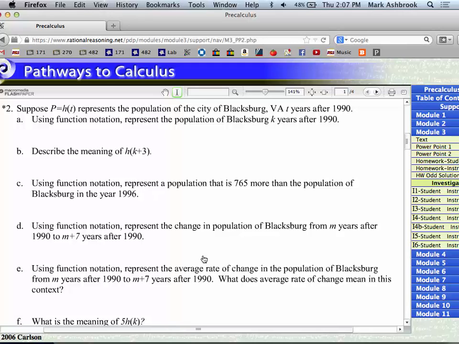So this is just kind of like gives you the function notation. Actually, it's population after 8 years after 9 plus 3 years.